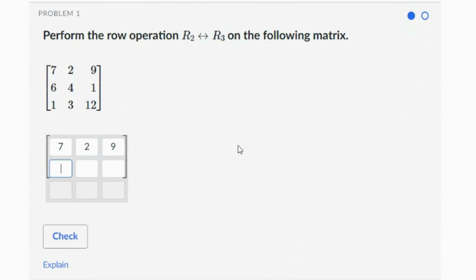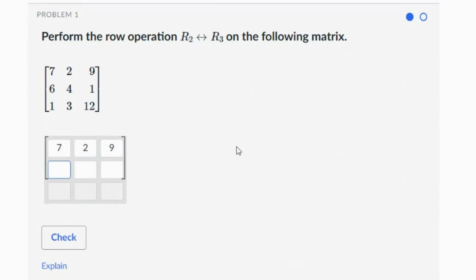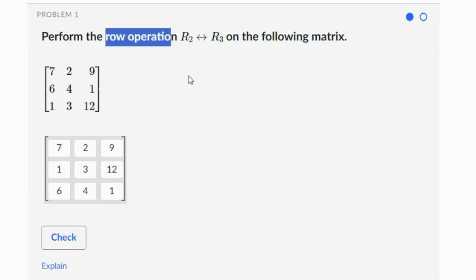So what's the second row going to be now? Whatever the third row is becomes the second row because it tells us to swap those here. So the third row was 1, 3, 12. So now that's the second row. And the second row moves down to be the third row because that's what they ask us to do in this row operation. Check it.